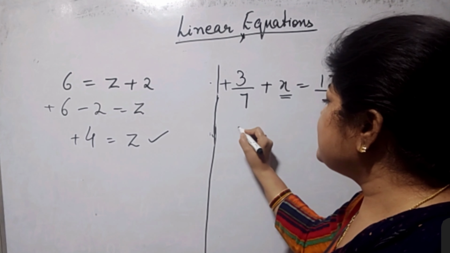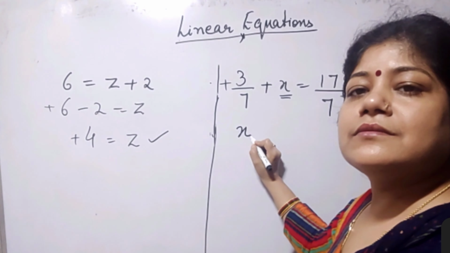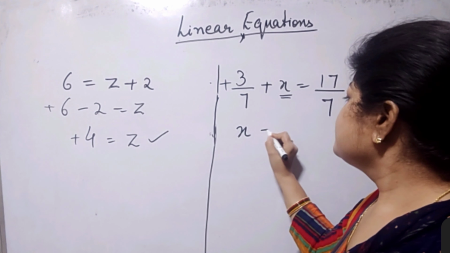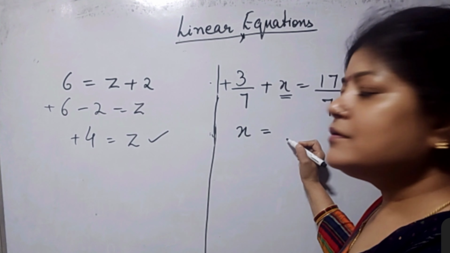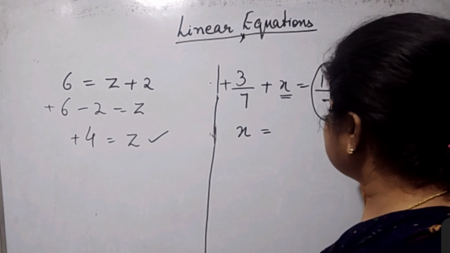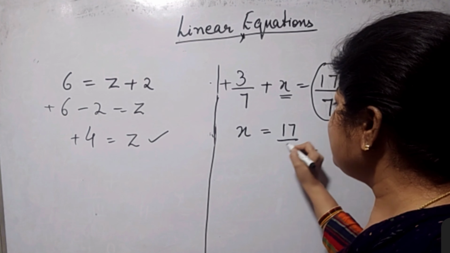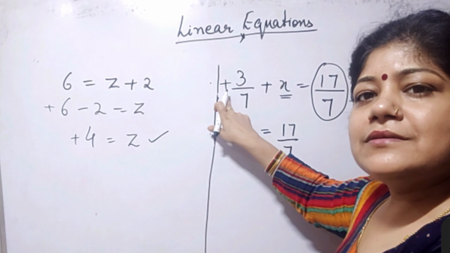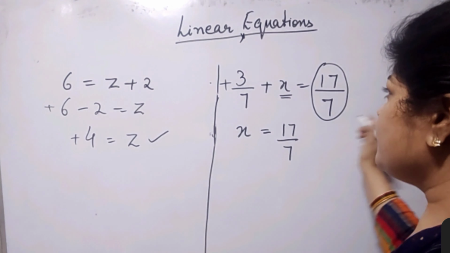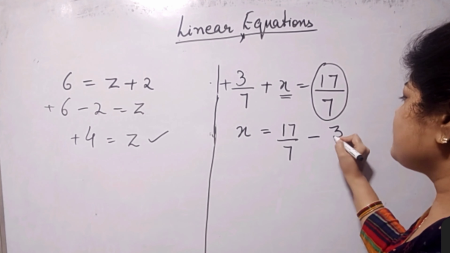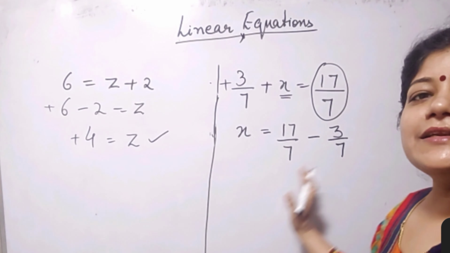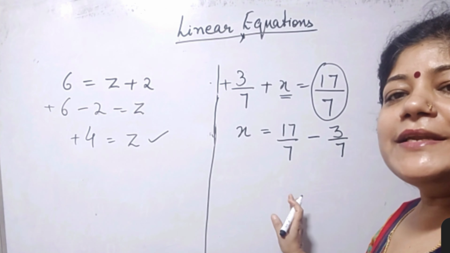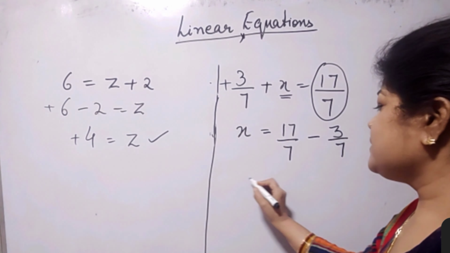Yeah, so we firstly write over here the variable x. X is equal to 17 by 7. Then this is plus 3 by 7; we take it over here, right hand side. This is minus 3 by 7. Now it is a little bit easy. Yes, ma'am. Yeah, very good.